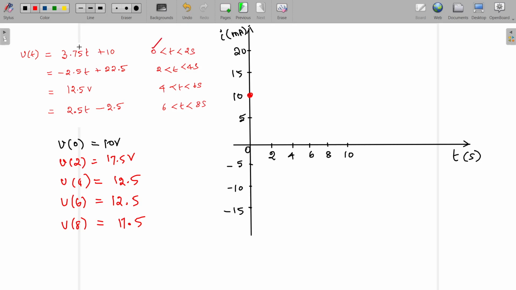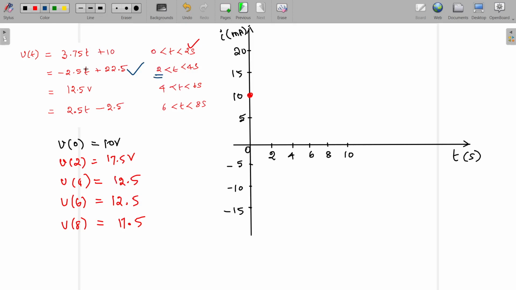For example, for 0 you can apply 0 here, so that you will get 10 volts at t equal to 0. And when you apply t equal to 2 seconds, that becomes 7.5 plus 10, which is equal to 17.5 volts. Then you come to the second equation.